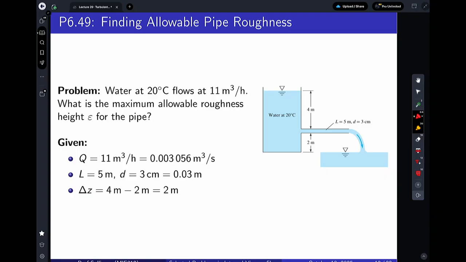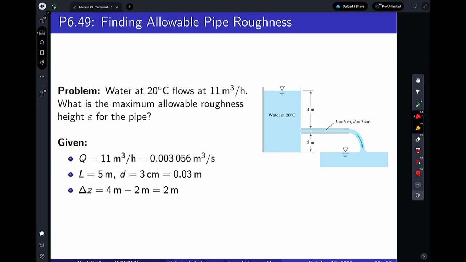All right, water at 20 degrees C at 11 cubic meters per hour. What is the maximum allowable roughness height, epsilon, for the pipe? You have Q, and you have to convert from meters cubed per hour. Again, you're really looking at a lot of unit calculations to make sure you're getting the right answer.